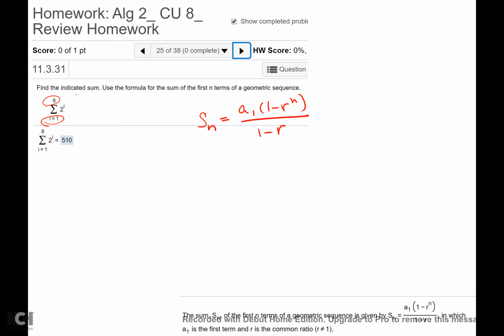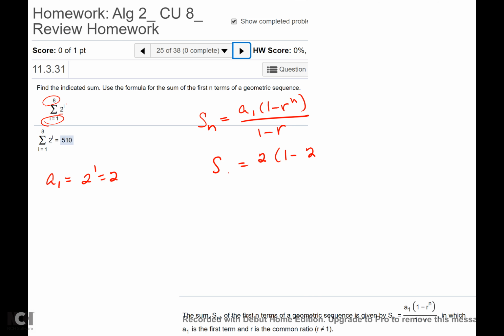Okay? Well, first of all, I have to figure out a sub 1. So if I find a sub 1, I plug in 1 for i. That would be 2 to the first, which would be 2. So my a sub 1 is 2. Okay? 1 minus, my r is the base of the exponent. So my r is 2, to the, we're doing 8 terms.